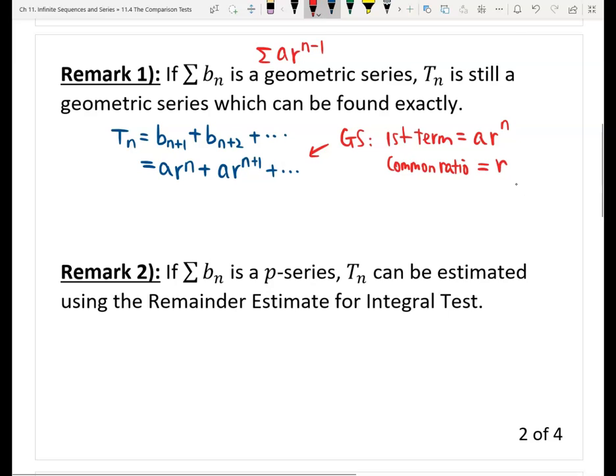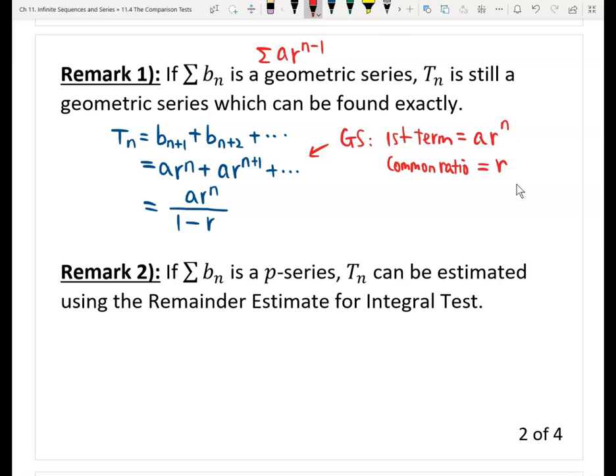Therefore we use the formula. How do we find the sum? The sum is the first term A R^n divided by 1 minus the common ratio. Is this the formula? Yes, we learned that before, right? Which means we exactly find the remainder for the B series.